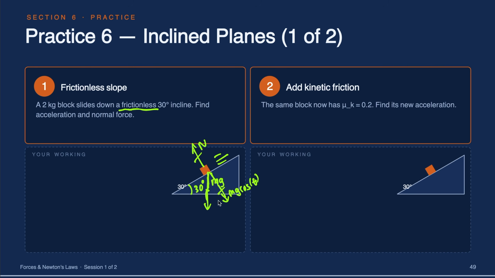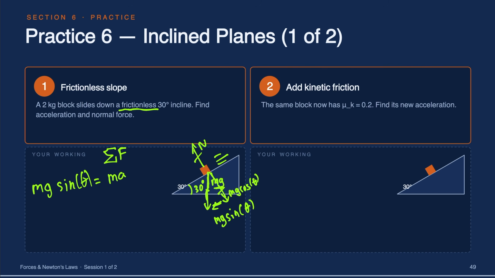We're only left with gravity's parallel component, which is mg sine theta. mg sine theta is equal to our net force, which is equal to ma, right? Because this is net force, and mg sine theta is the only force here. The other forces have cancelled out. So mg sine theta is the entire net force.